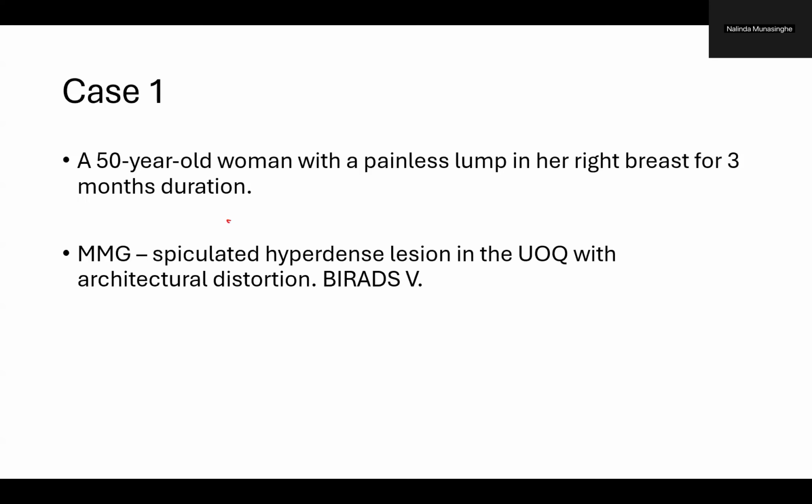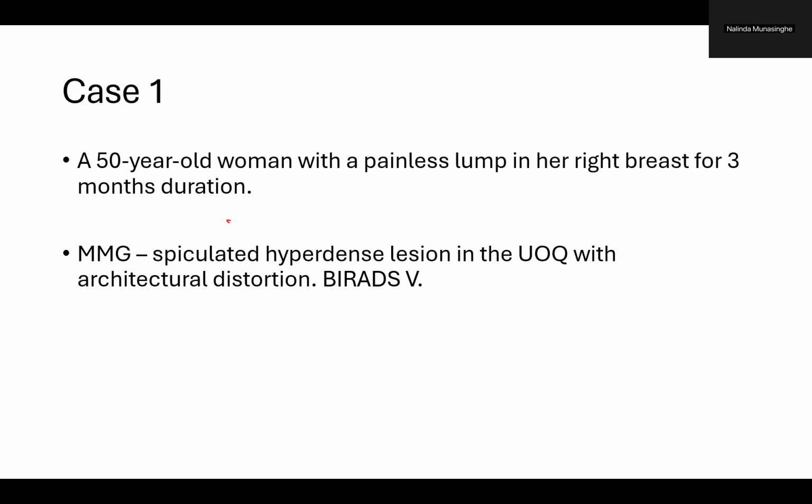The imaging that you will see is a spiculated hyperdense lesion, architectural distortion around the lesion. There can be microcalcifications associated with it, which will point towards DCIS pathology as well. When you say microcalcifications, all microcalcifications are not malignant. Remember that 85% of the microcalcifications are not malignant.